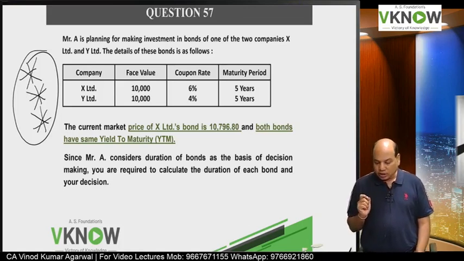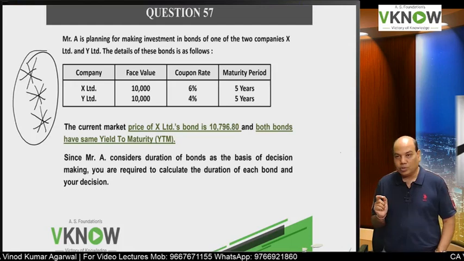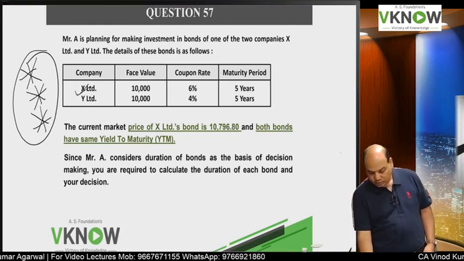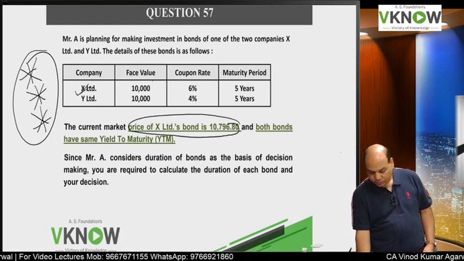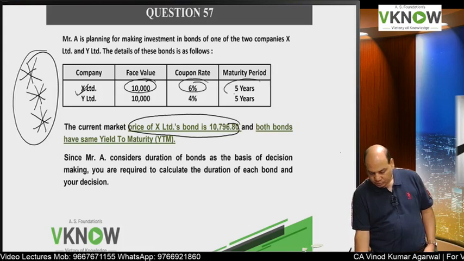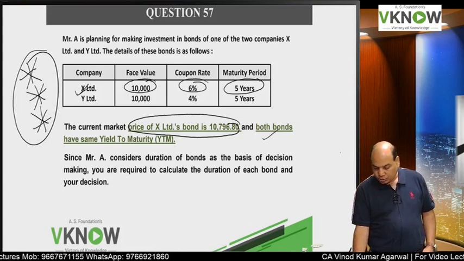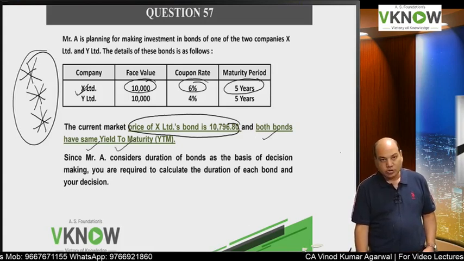The current market price of X Limited bond is given. So for this company, the current market price is given, face value is given, coupon is given, years are given, and it says both bonds have the same yield to maturity.